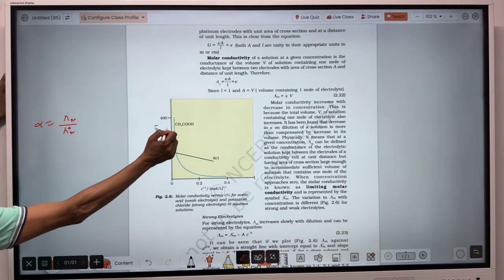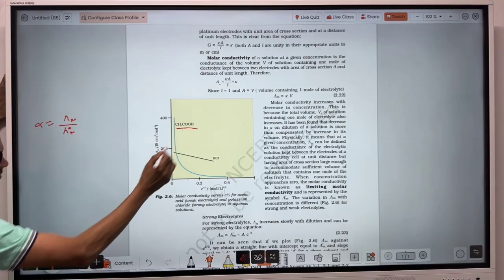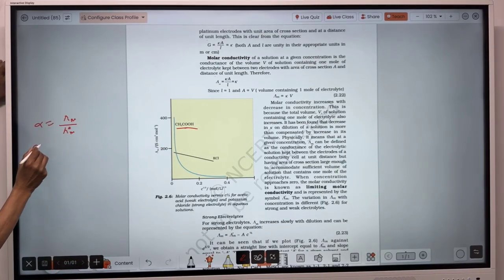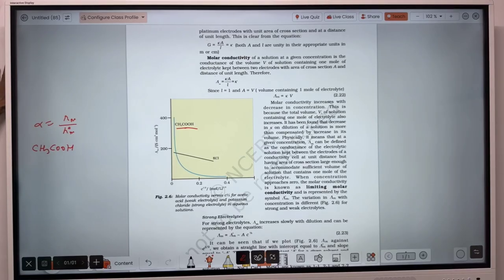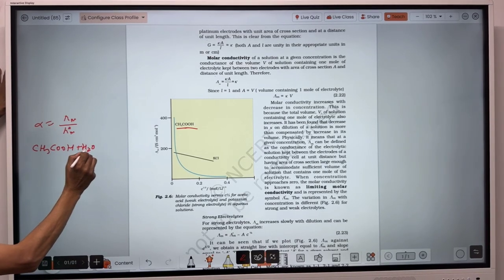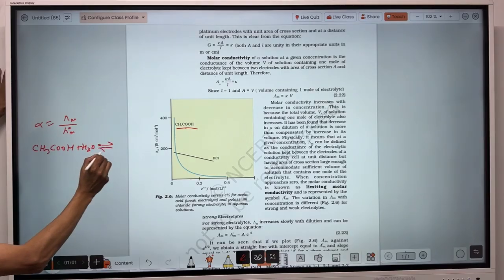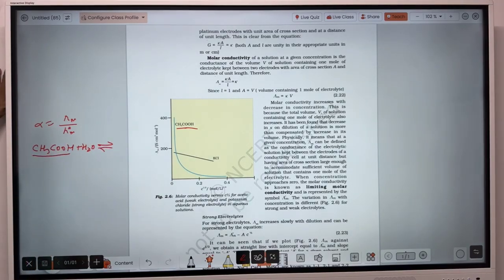Suppose we are taking acetic acid, CH3COOH. When that dissolves in water, acetic acid will lose one H plus ion, there will be formation of H3O plus, and one negative charge will appear on this oxygen atom.